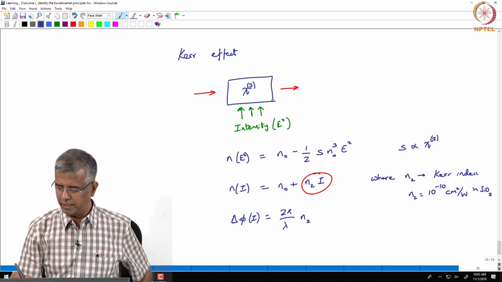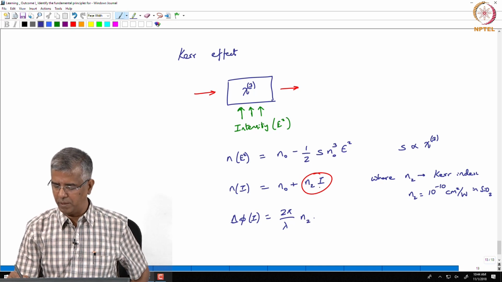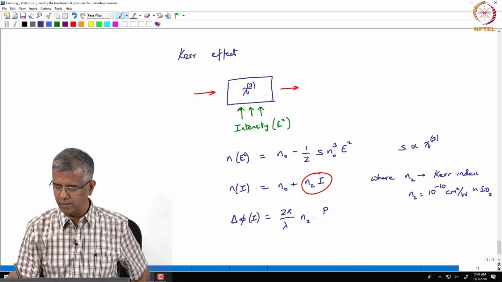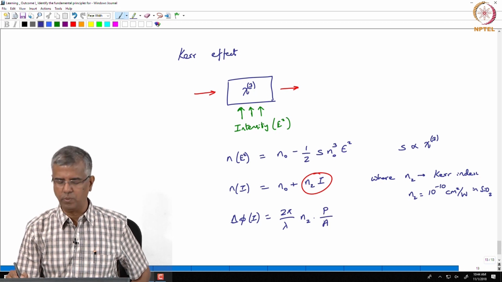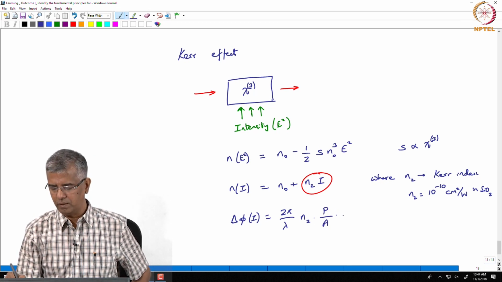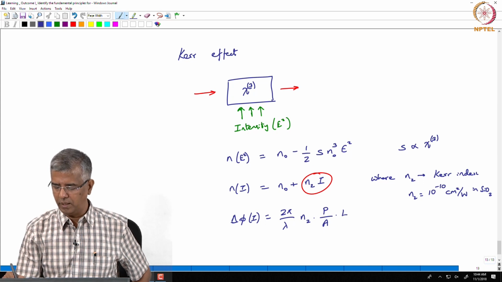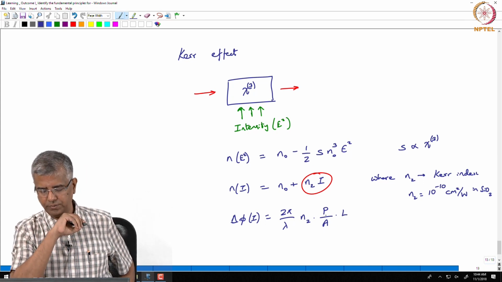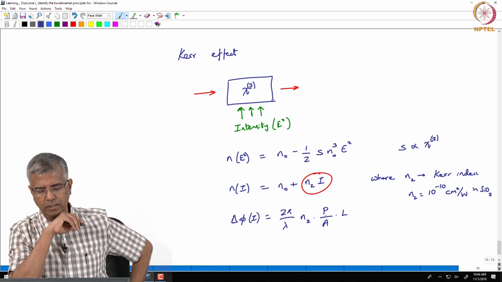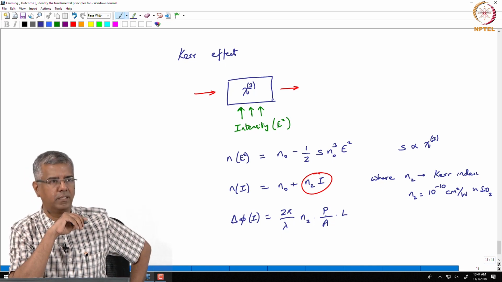So, n2 multiplied by intensity, which can be written as power over area, multiplied by the length of propagation. So, you can achieve a change in the phase of light.